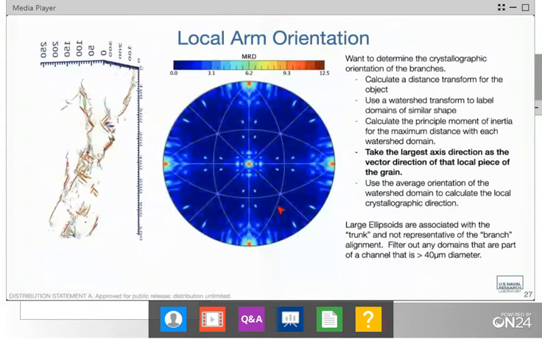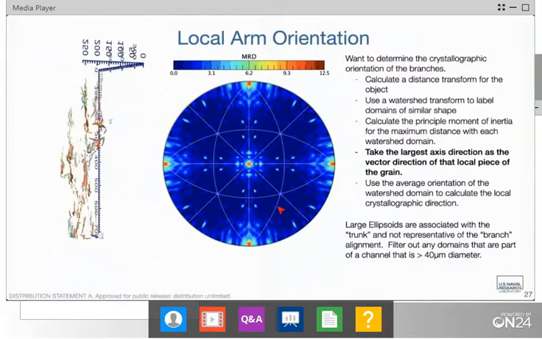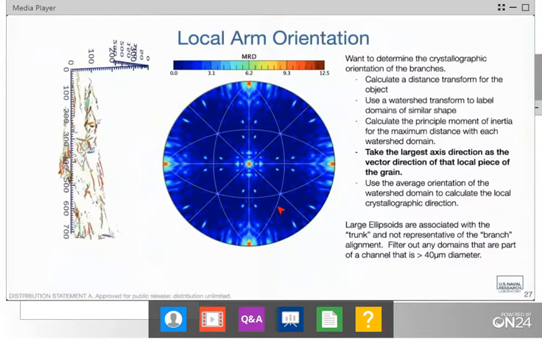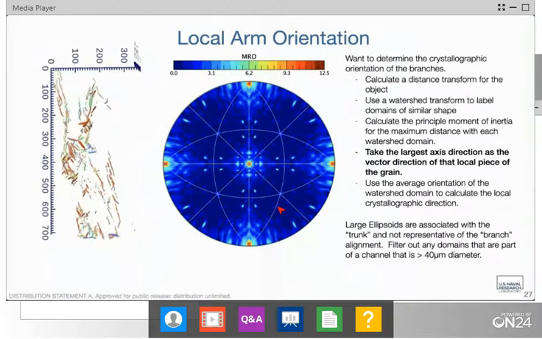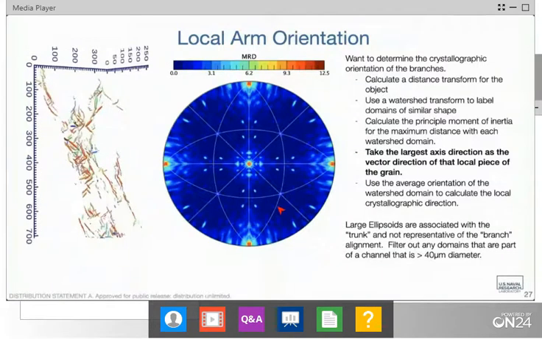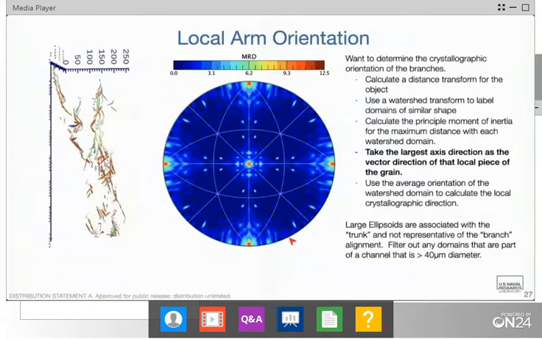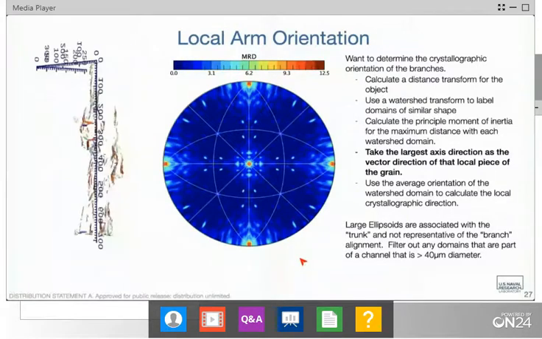I'm just plotting this as essentially an inverse pole plot. And you can see that the vast majority of these grains all line up along 001. These are the fast growth directions within additive manufacturing. It's not surprising, but it is kind of surprising to what degree it's dominating the morphology of these grains as they grow from layer to layer.